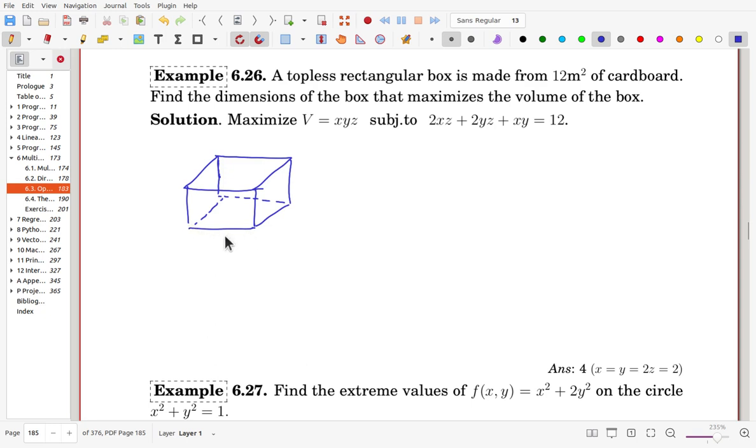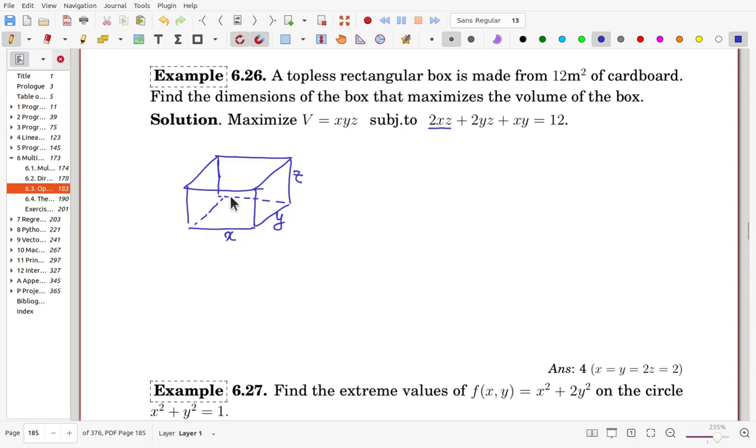If the length is x, the width is y, and the height is z, then the volume will be xyz. Now, xz is the area of the front side and back side, and we have another one, so 2xz. For this side and right side, the area is yz, and another one over there, so 2yz.